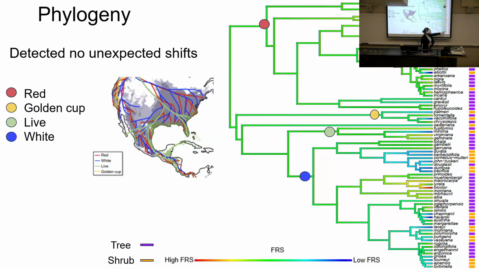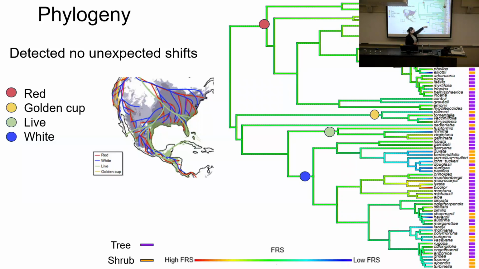On the side, we have bars denoting growth form, the purple being tree growth form and the orange being shrub growth form. We also highlighted the different sections of oak that exist within the United States, the red, the golden cup, the live, and the white oak sections, with where they reside on the phylogeny.